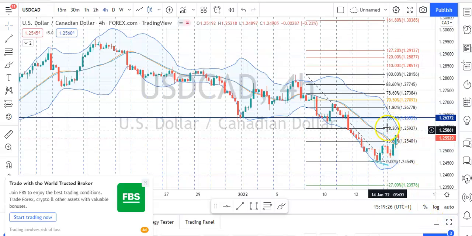Okay, and why I actually said that, because this 32.2 Fibonacci level coincides with, or is in confluence with, this level of resistance for my Bollinger Band. The Bollinger Band represents my dynamic level of resistance and support, and this value here represents my dynamic level of resistance.